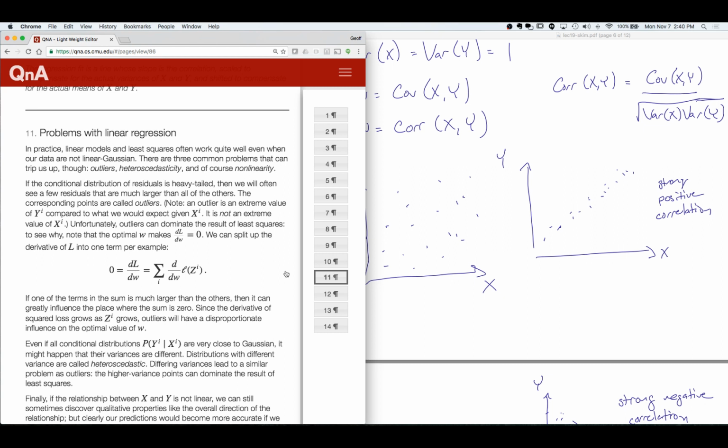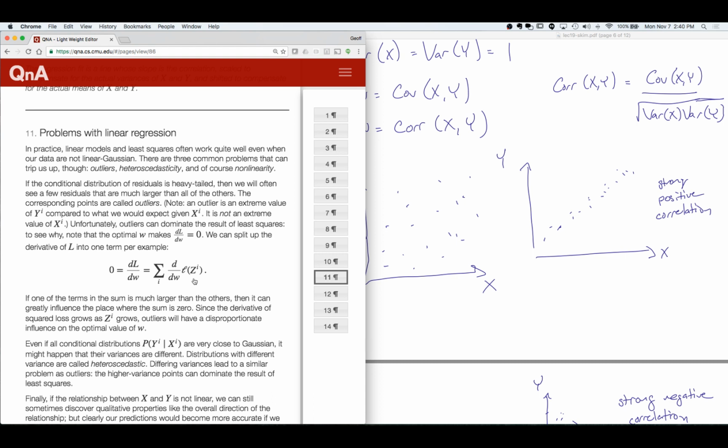Now, outliers, unfortunately, can dominate. They can really mess up the output of least squares. And you can see that by looking at the equation, right? We want the derivative of the total loss, or average loss, with respect to w to be 0. And that means that the sum of the derivatives of the individual losses for the individual examples should be 0.